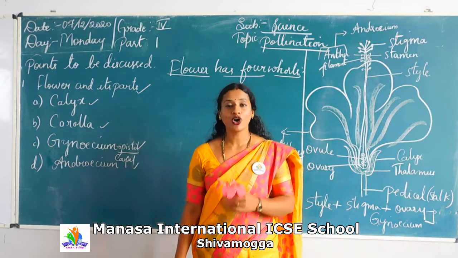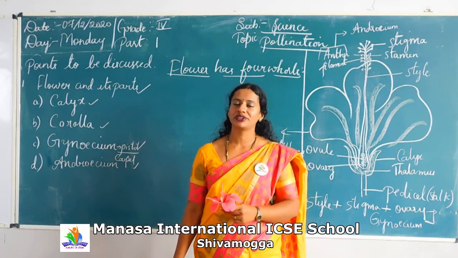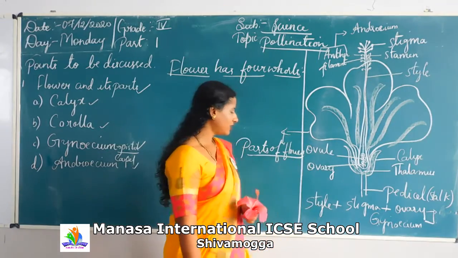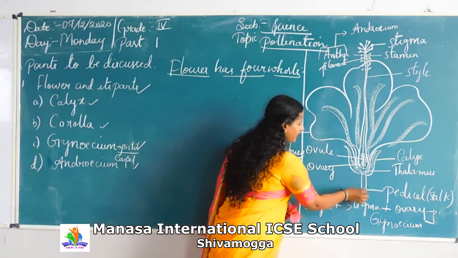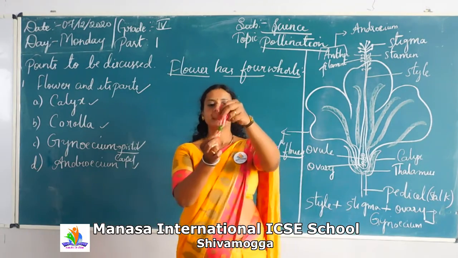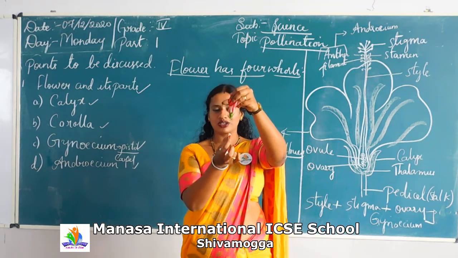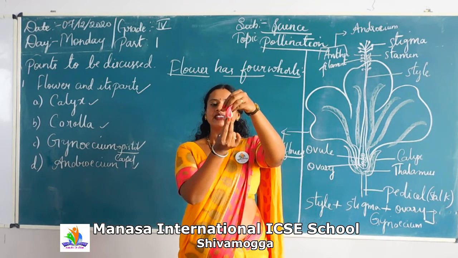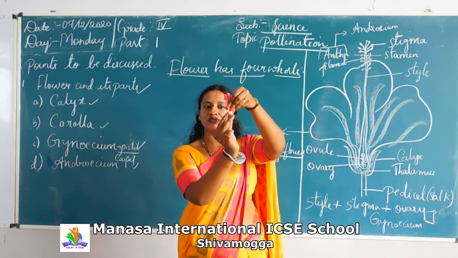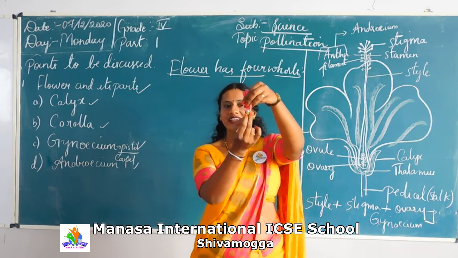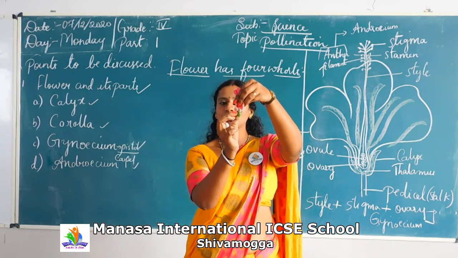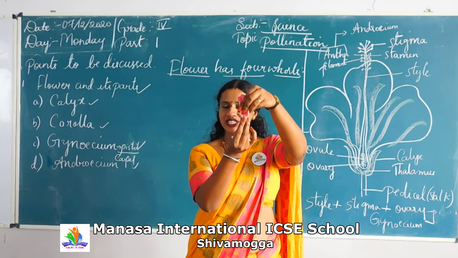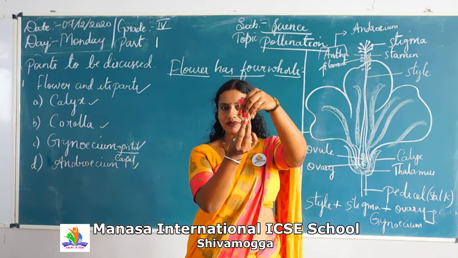Now let's see each and every part of the flower in detail. The green part is called the stalk or the pedicel, right? And then the cup-like structure is called the calyx. The units are called the sepals and collectively they are called the calyx.